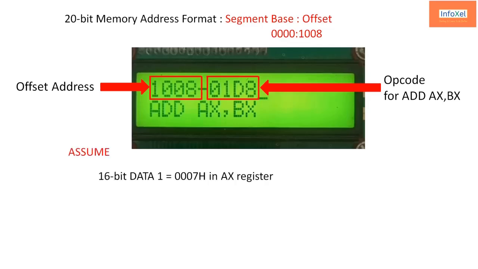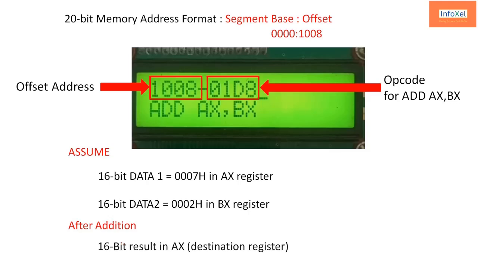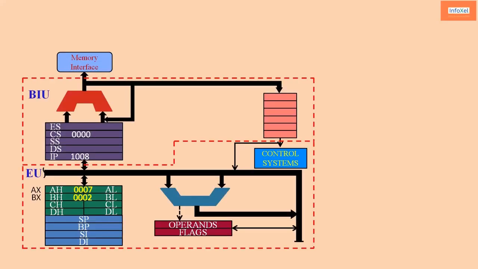What we will assume is that 16-bit data 1, 0007, is in the AX register, and 16-bit data 2 is in the BX register. After addition of these two data, 0007 and 0002, the result will be in the AX register. This AX register is called the destination register. Now we will see the animation part.